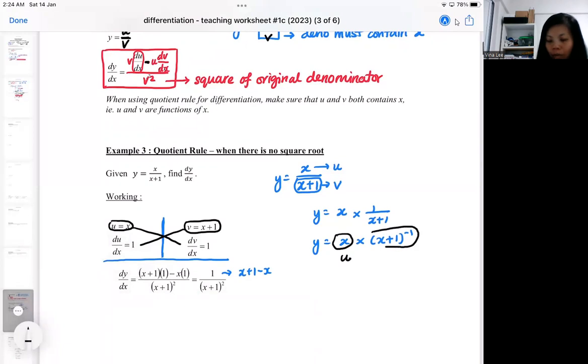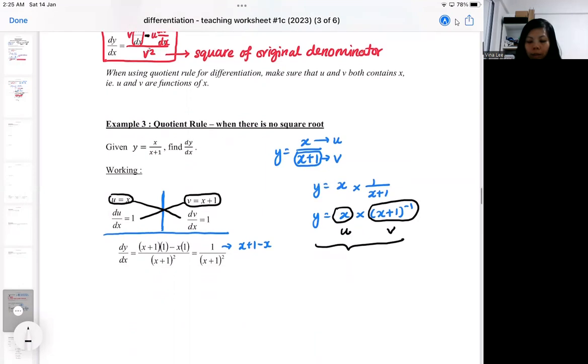This thing with the negative power will be the v. If you want to change this question to a product rule, yes, you can. But it will be more complex. You can try the product rule. You will still get the same answer, but you find it more troublesome. If it's this kind of fraction, I suggest you just use the direct quotient rule. That will be so much easier.